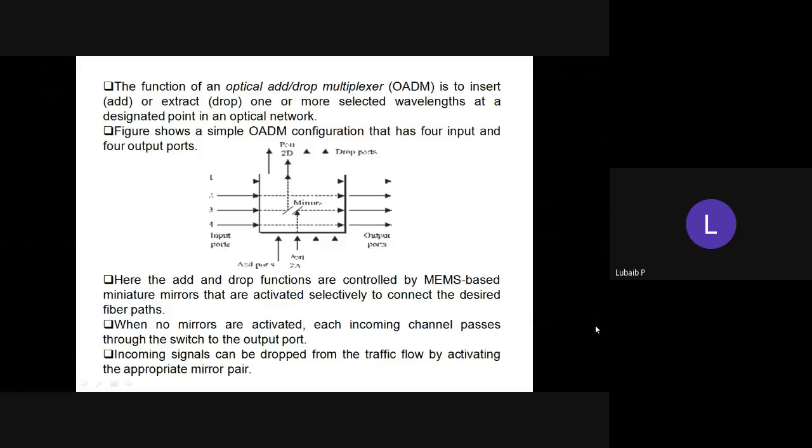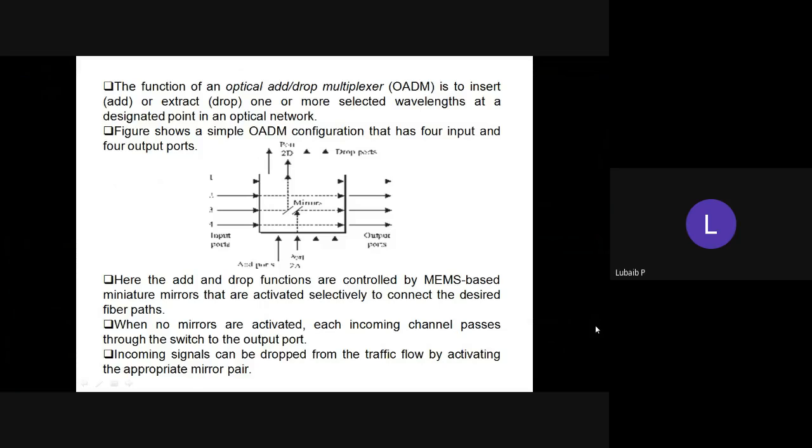At the same time, there is another path to add, that is, to input a particular wavelength. In port 2A, we can add a wavelength, and by using the reflection of that mirror, that signal is directed to the output.